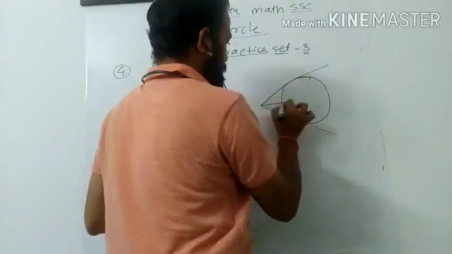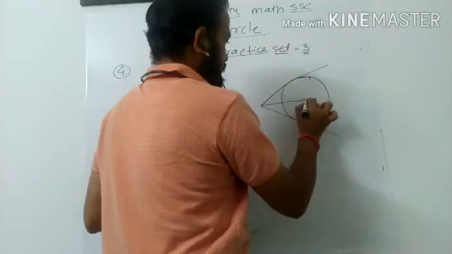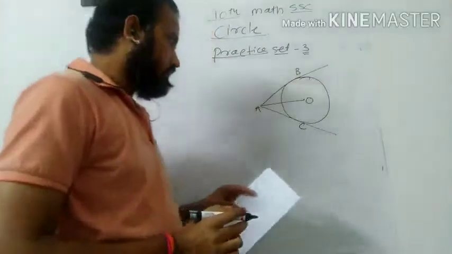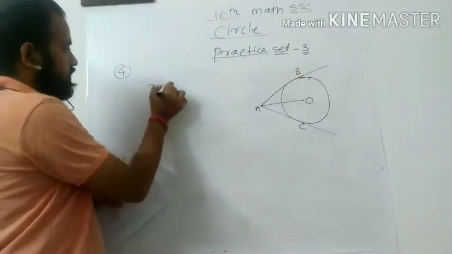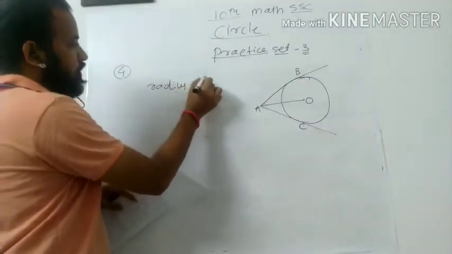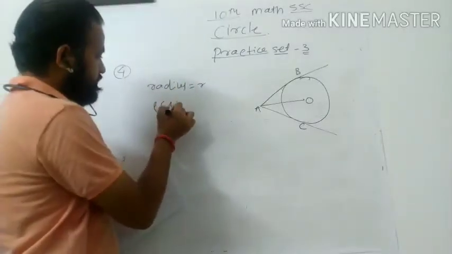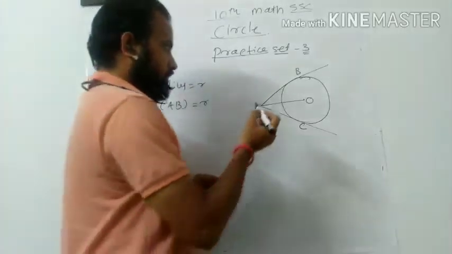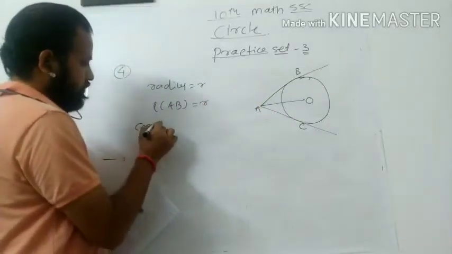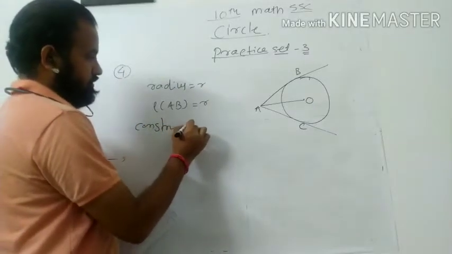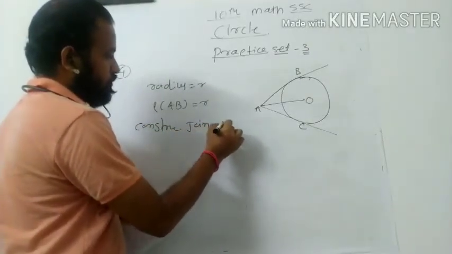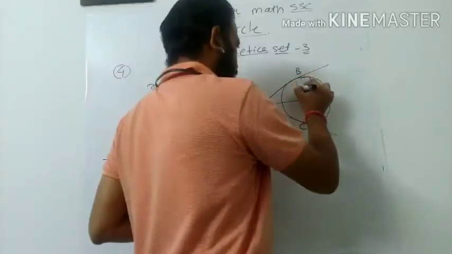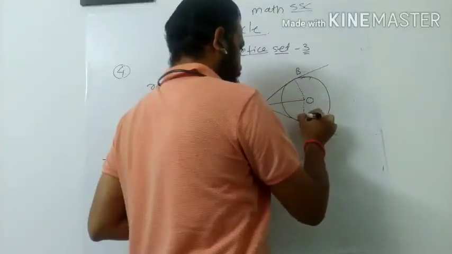This is center O, this is point A, this is B and this is C. They have given the radius of the circle as small r, and the length of AB is given as r. Now I have to do some basic construction here. I am going to join O to B and O to C by dotted lines.